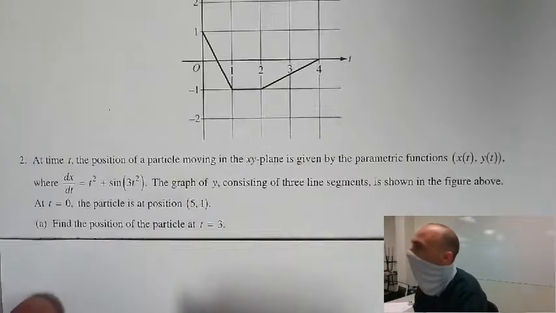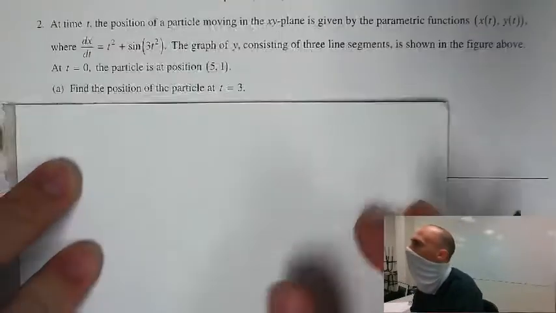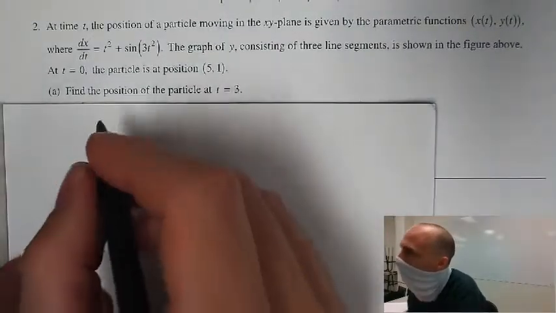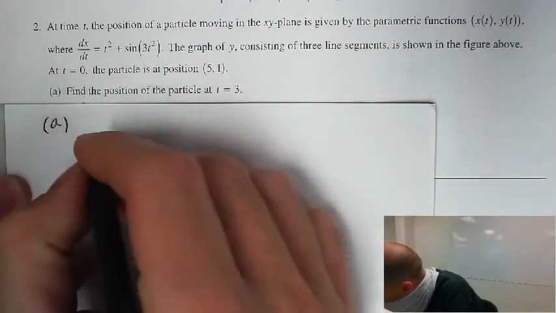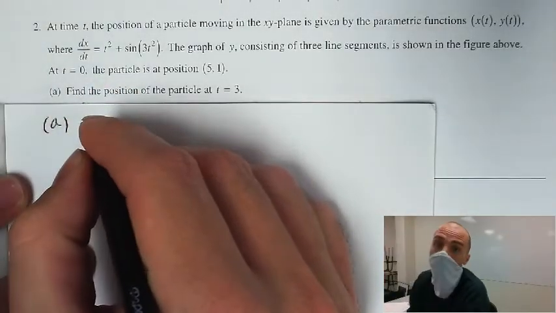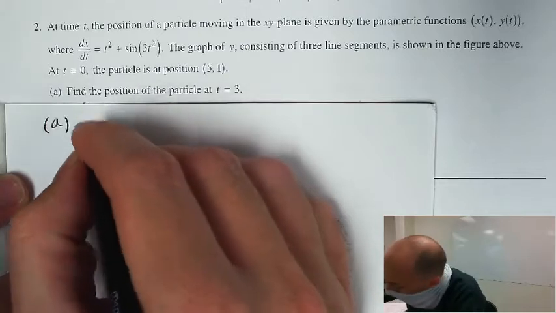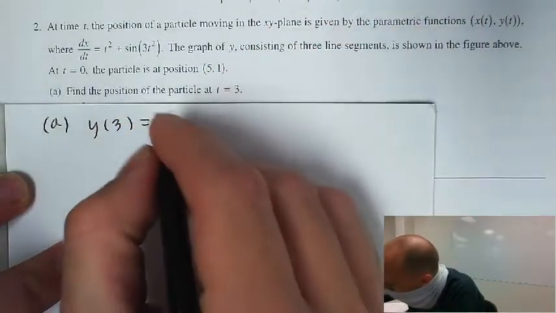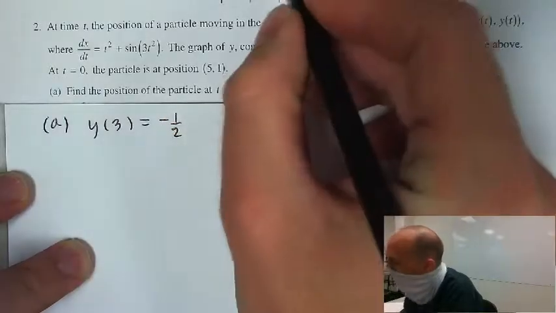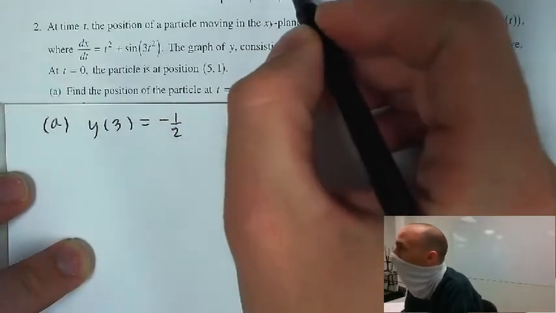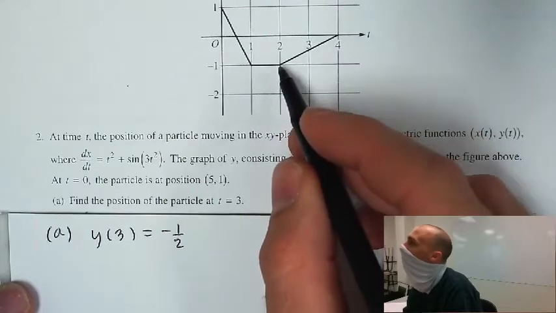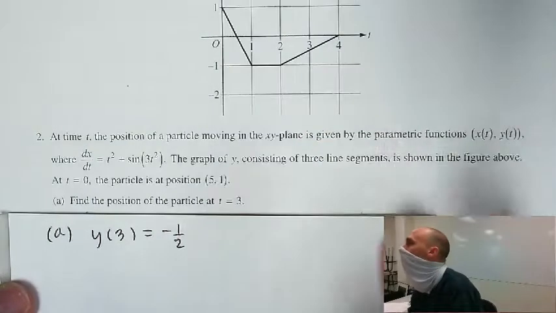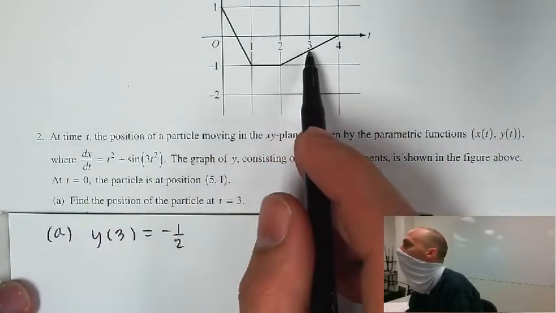So the position of the particle at time t equals 3, let's just start with y of 3. That's going to be a little bit easier. How about y of 3 equals negative 1/2? You can see it went from negative 1 to 0 as x increased by 2, so it is increasing by 1/2 each time I run over by 1.